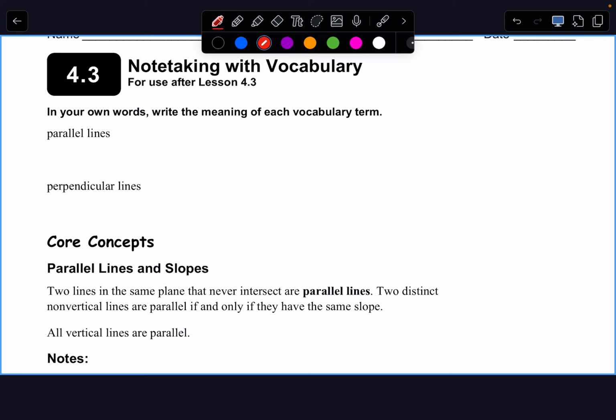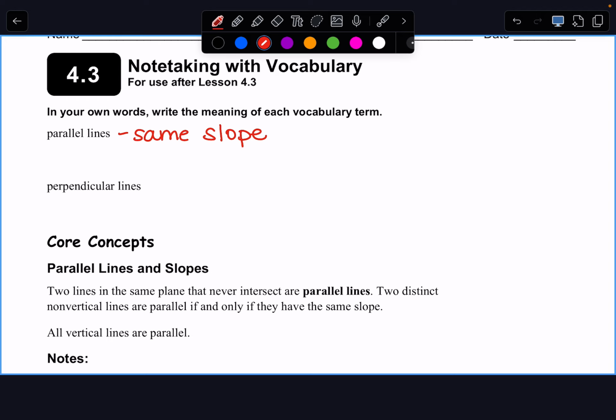Okay. So what we need to write down is that parallel lines have the same slope. Okay. And what we noticed about our perpendicular lines, one slope was positive, one slope was negative, and their fractions were flipped. Okay.